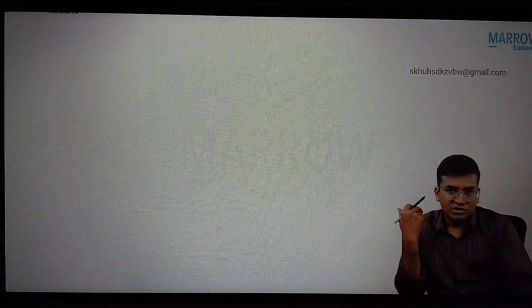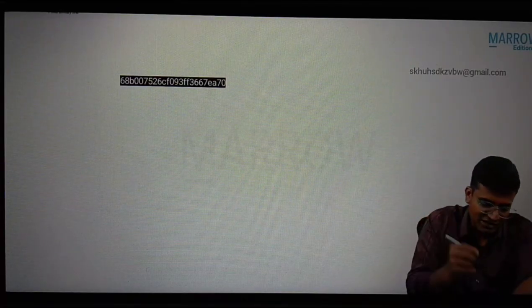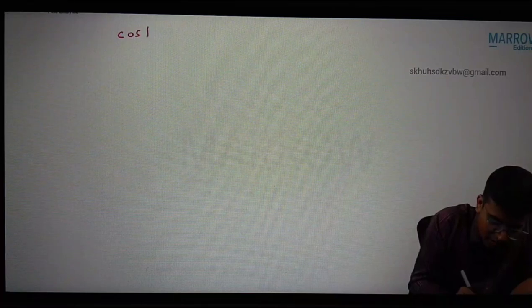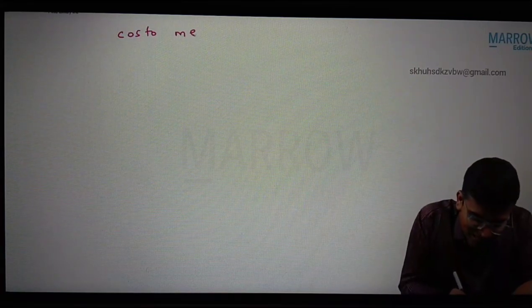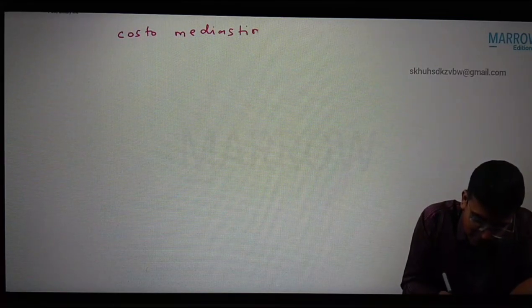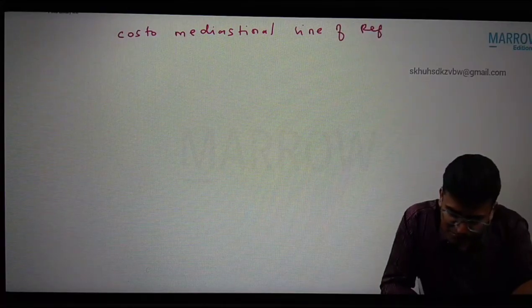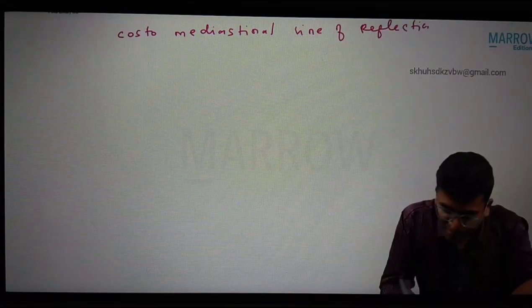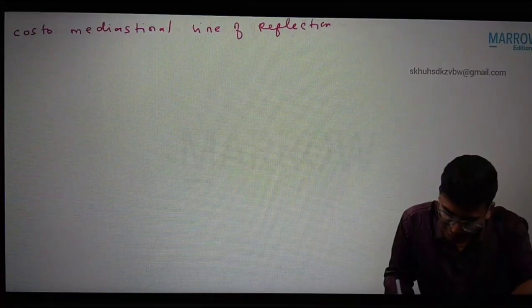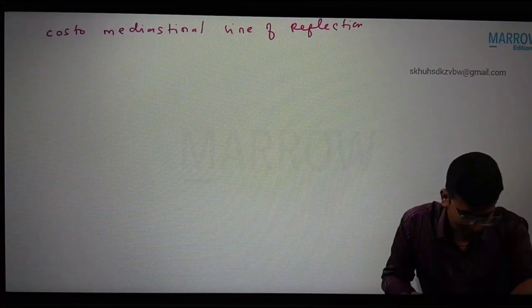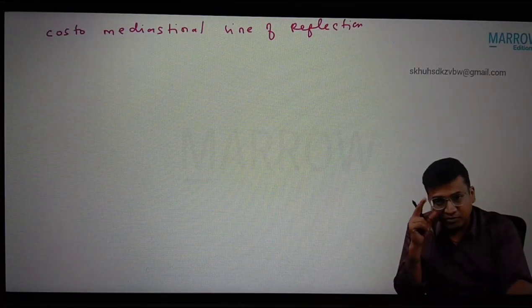So we're going to draw the two lines of reflection. Number one, costo-mediastinal line of reflection. So this line is nothing but the costal pleura turns medially as a mediastinal pleura.